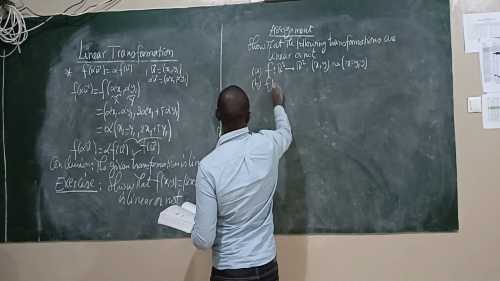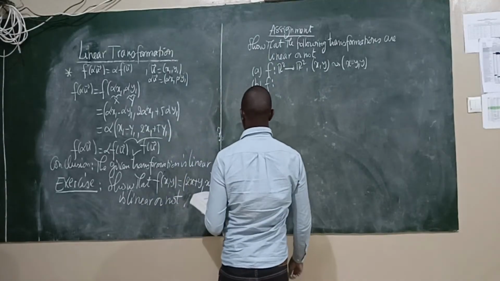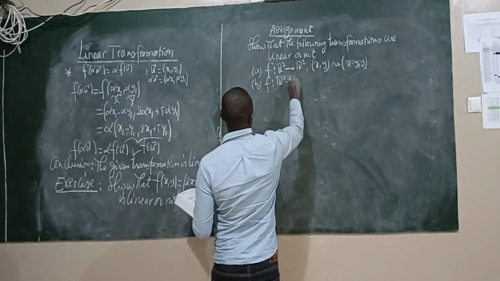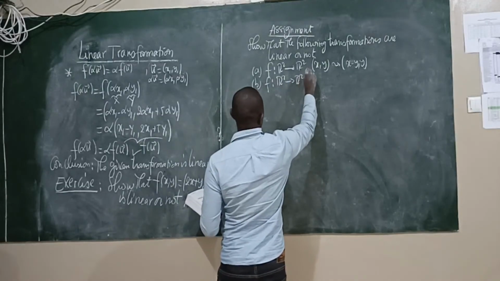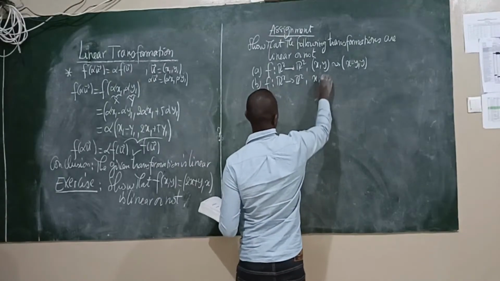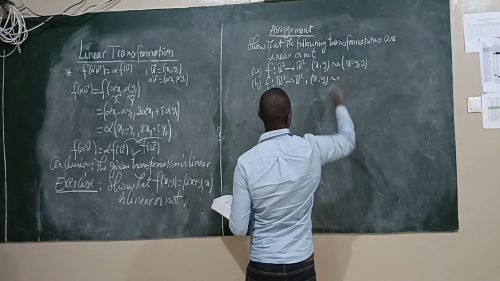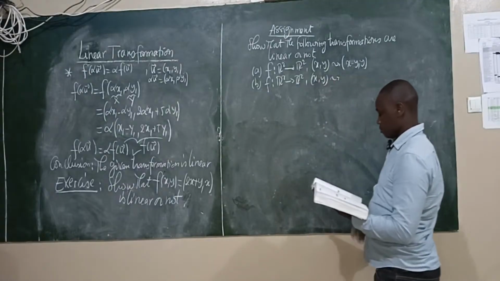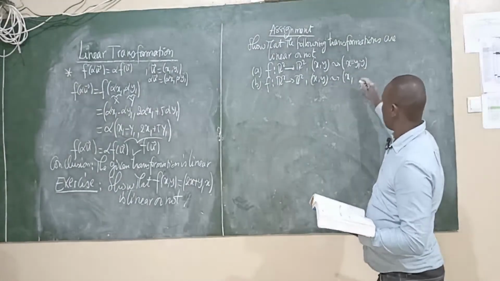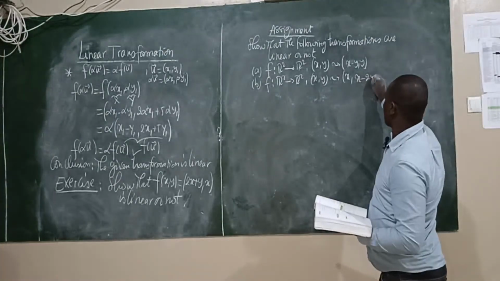B: F is a linear mapping that maps L2 to R2 as x, comma, x minus 2y.